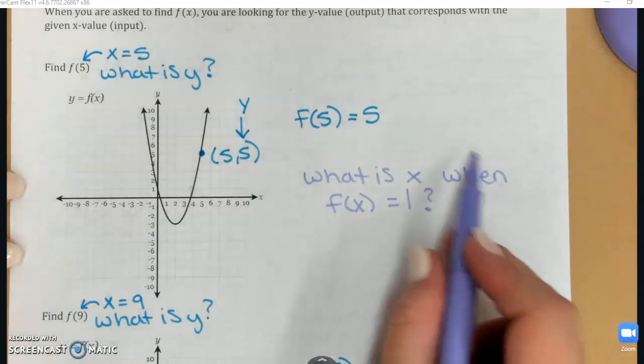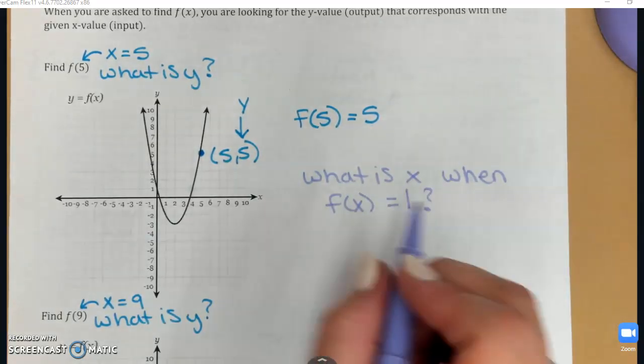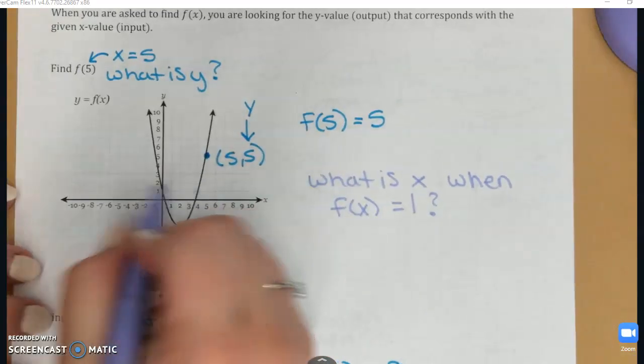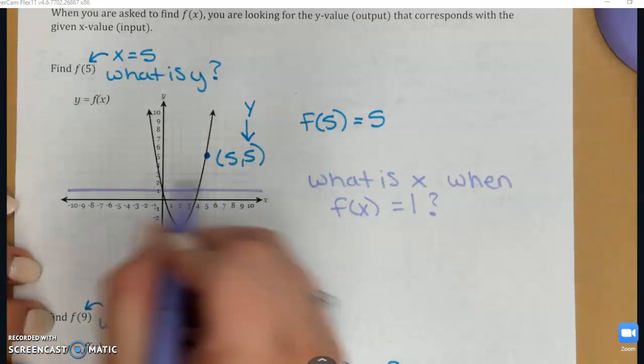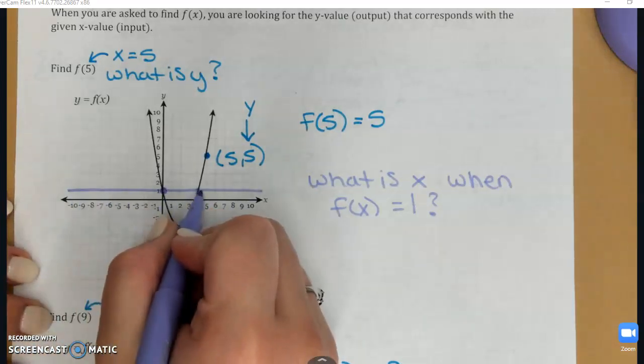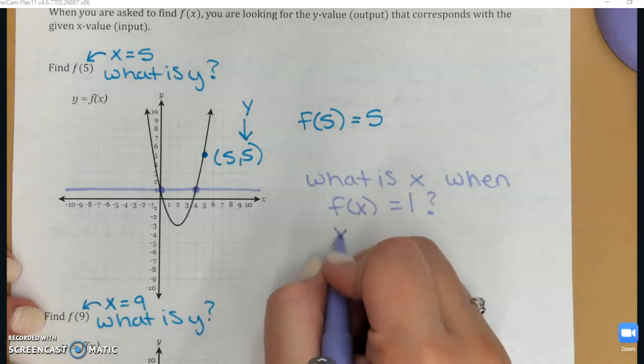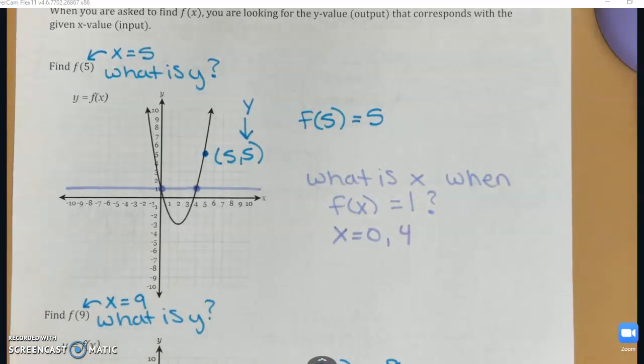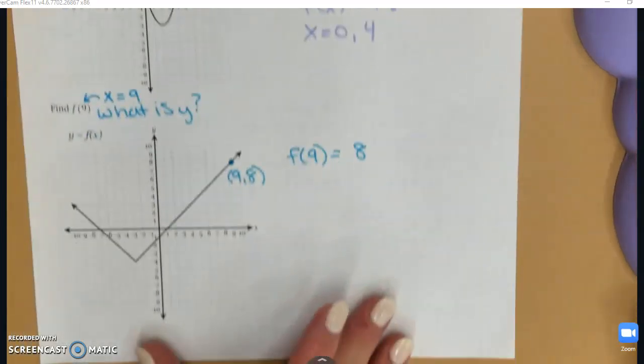For this type of situation, I'm being given my output, my y value, and I'm looking for the input. So I'm going to look when y is 1. Look, that happens in two places, at x equals 0 and 4. Let's do that on the other one as well.